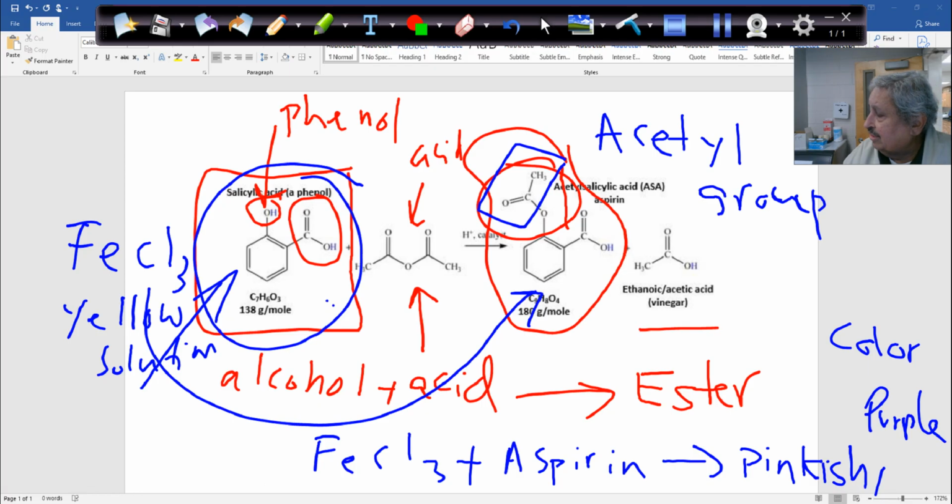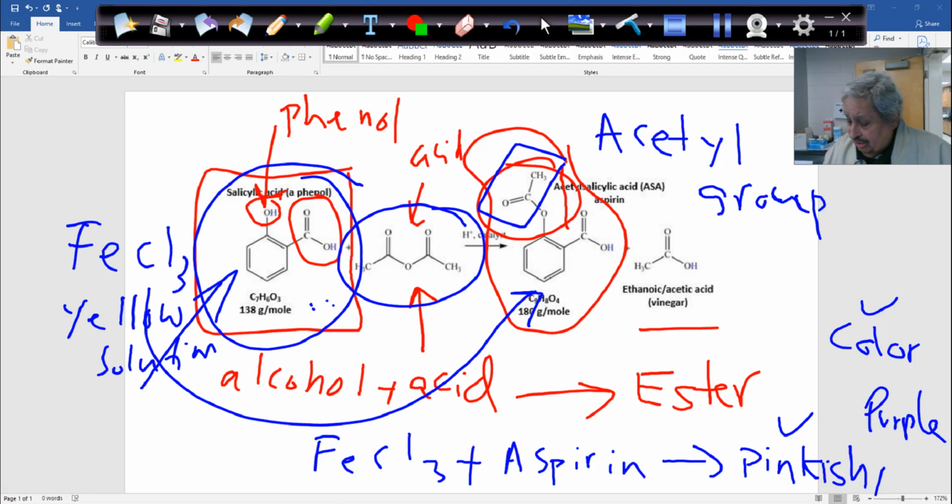The other reactant will be consumed anyway because it goes to the H2O. But the main thing is you don't have any salicylic acid left over. That's what you have to test.